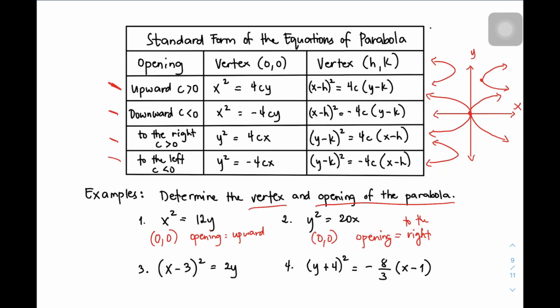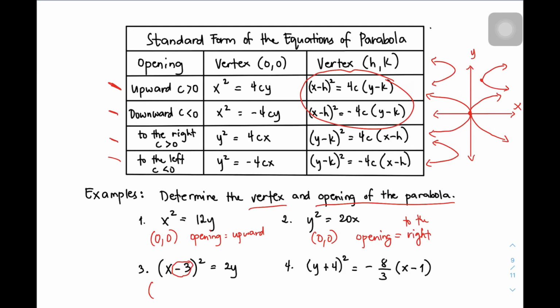So, let's move on to item number 3. Now, look at item number 3. So, dito sa number 3, ang pattern niya ay ito, itong dalawang to. Diba? So, meron siyang kasama yung x natin. Ibig sabihin yan, ang vertex niya, baguhin mo lang yung sign nito or i-flip mo lang yung sign.